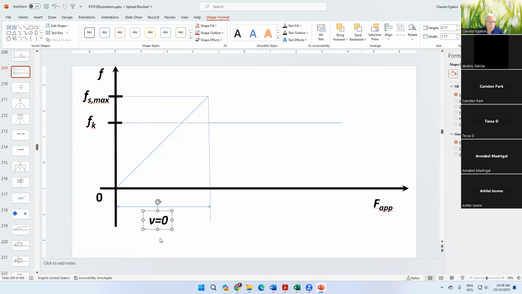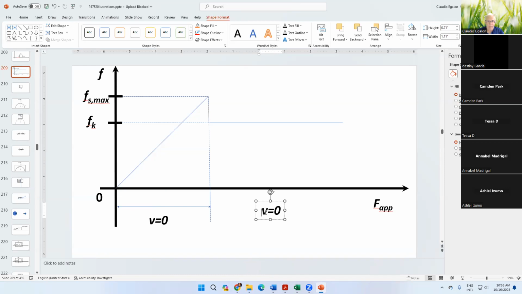And in the other region, the object is moving. Not necessarily accelerated, but moving. It all depends on the applied force. Let's see, V different from 0. I'm going to put the magnitude of V greater than 0.